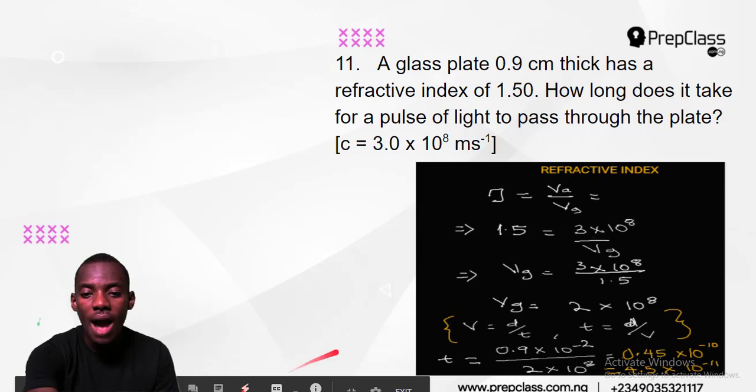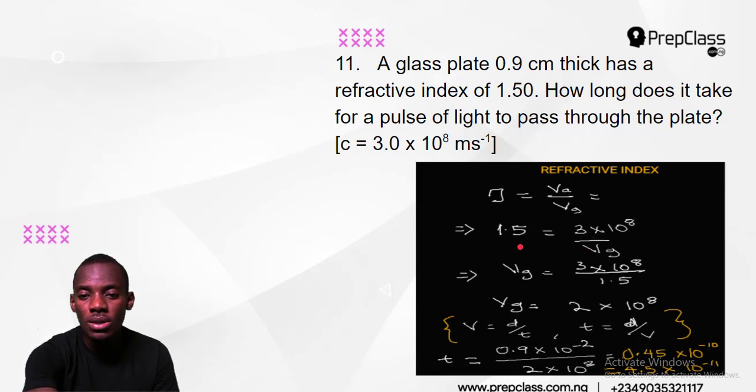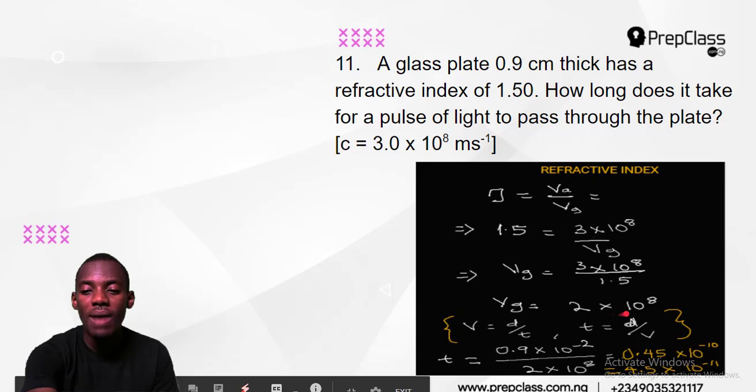If you cross multiply, you divide by 1.5, and you'll be getting 3 times 10 to the power 8 divided by 1.5, and that is the speed in glass. Just do 3 divided by 1.5, and that's 2 times 10 to the power 8, and that's the answer for your speed in glass.